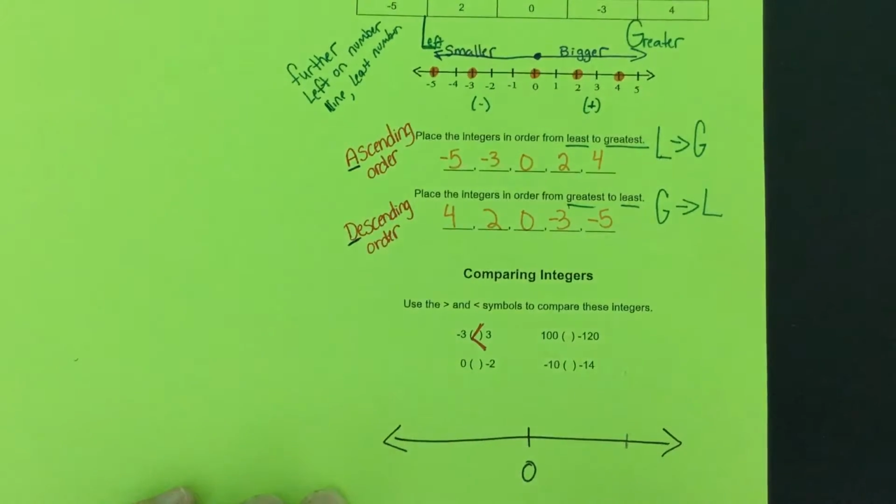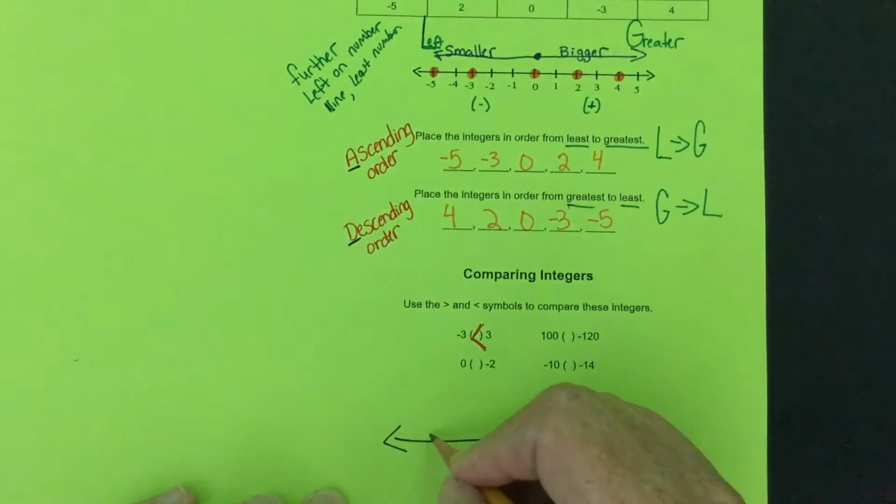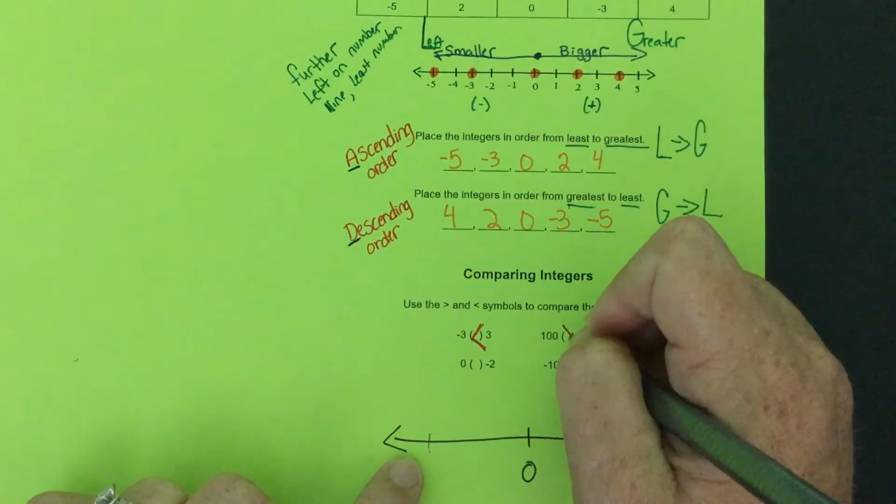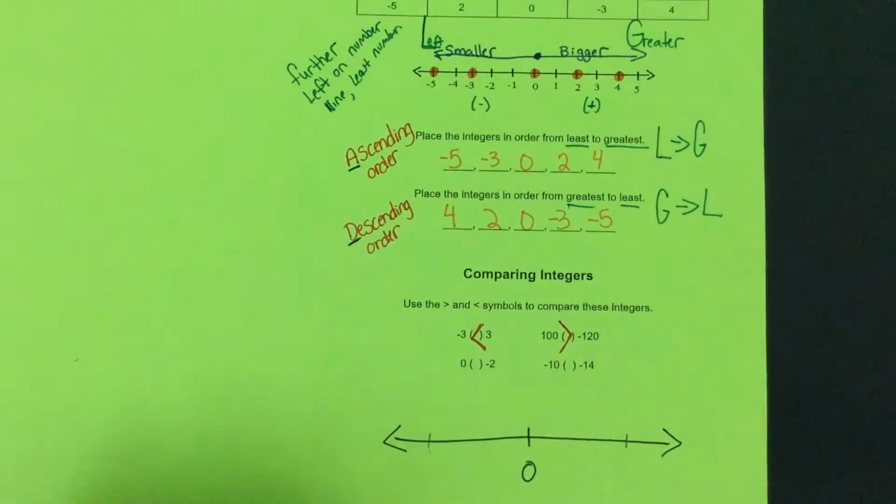And -120? On the left. Somewhere over here on the left. Just seeing that visual automatically tells me that this number is going to be least or less than this number. So 100 is greater than negative 120.